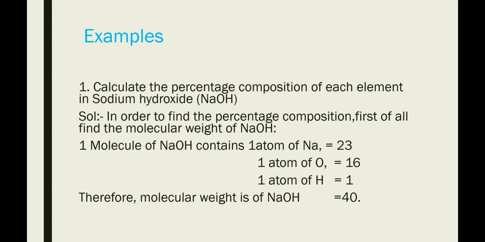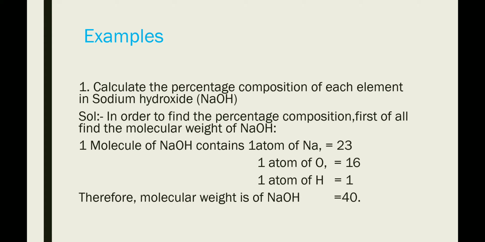Now here is the solution. In order to find the percentage composition, first of all, what should we do? We should find the molecular weight of the given compound. Here NaOH, that is sodium hydroxide, we have to find the molecular weight.